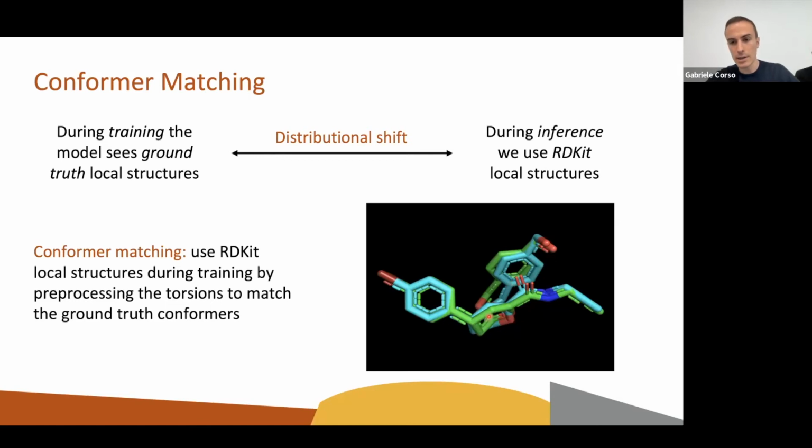And so you can see they are not perfectly the same because they have different local structures, but they are very similar. And these experiments that we did and added to the appendix of our paper were also what I was referring to when talking about how close the RDKit local structures are to the ground truth ones.